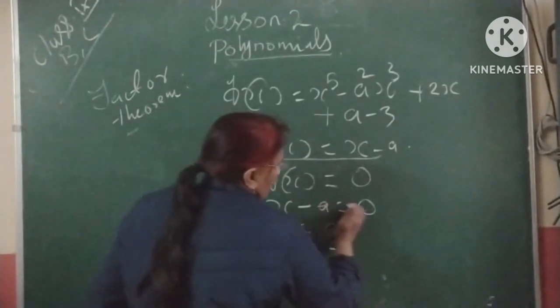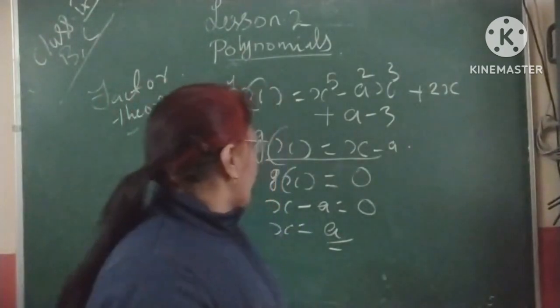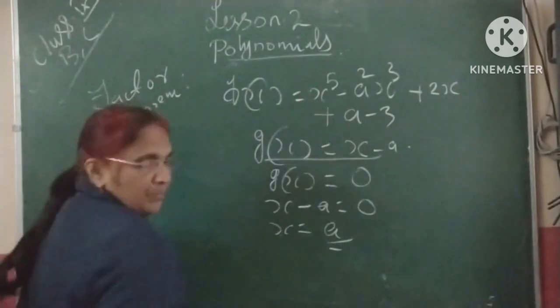Minus a is going to the right side, then this minus a will become positive. Now we can substitute this x equal to a in the given polynomial.